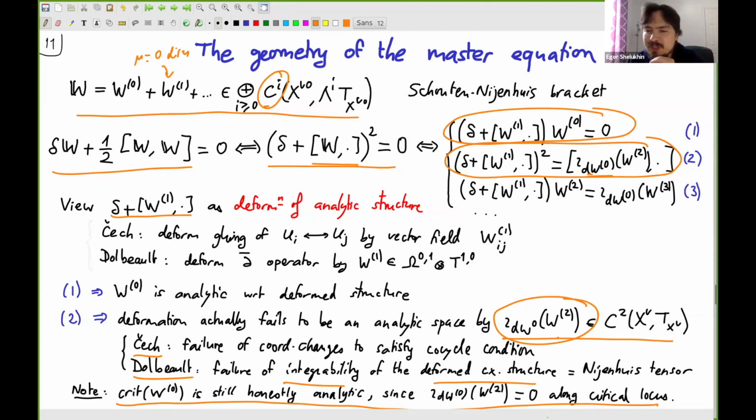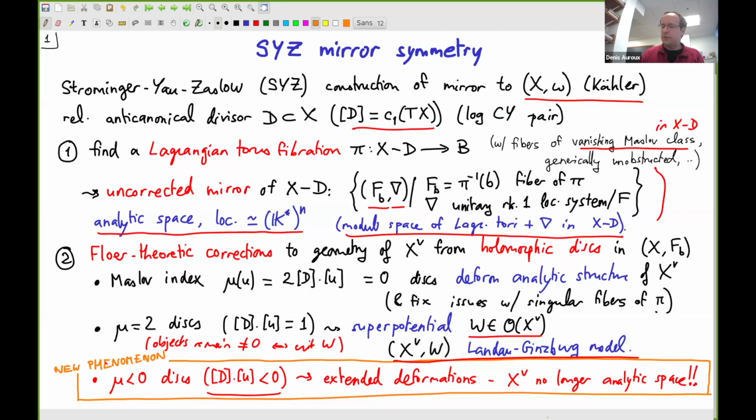Any further questions? Yes, may I ask a very naive question? I guess the torus fibration is not determined by the manifold. So what happens when you change the torus fibration? That's a very good question. Certainly not determined by the manifold. It's slightly more determined by the pair (X, D), because its general features are determined.